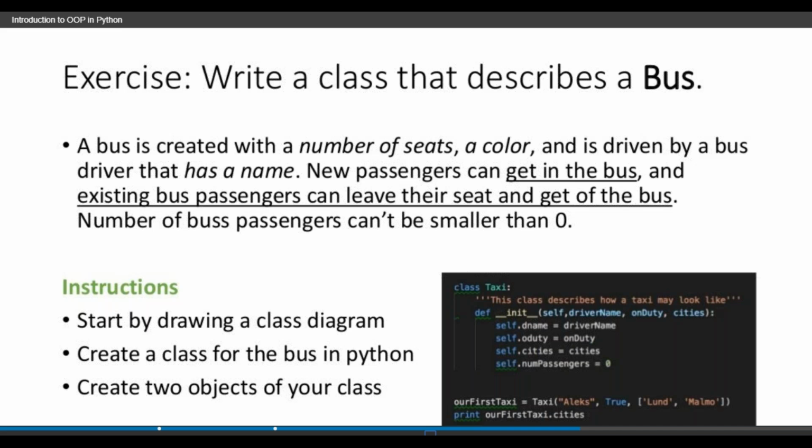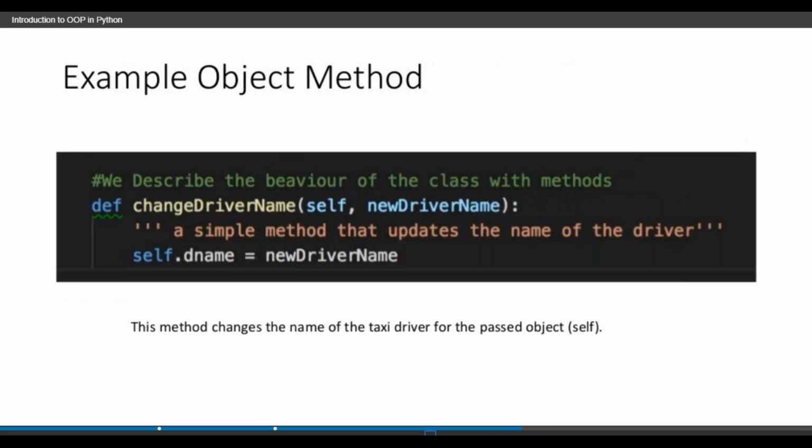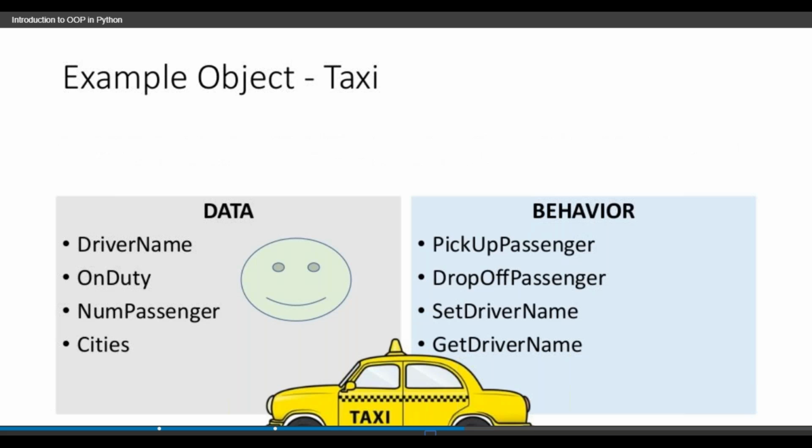Now that can't be. Okay, then the instructions are: start by drawing a class diagram. Starting with the class diagram, create a class for the bus in Python. Create 2 objects of your class. How to create a class diagram was already shown in the earlier diagram.